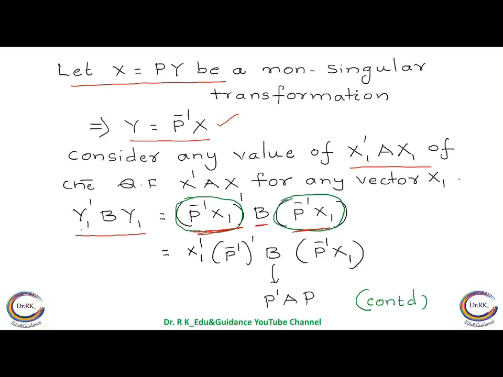We are replacing y1 by P inverse x1. Now this can be written as x1 transpose (P inverse) transpose B P inverse x1, and we need to remember that B is nothing but P transpose AP because they are congruent.